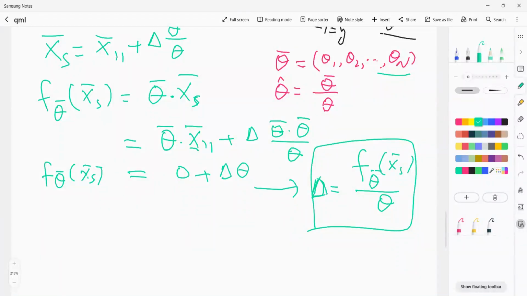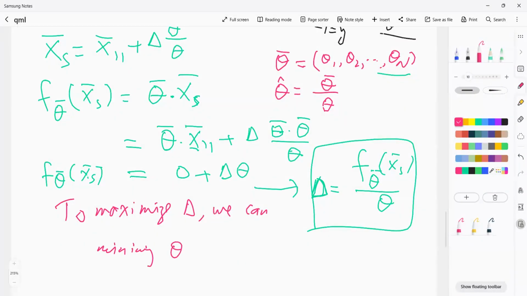So to have this delta maximum, what we need is to maximize delta. We can minimize theta, or even better, if we can do both things together, we can maximize this and minimize this. So essentially we want to minimize this thing, so this thing must be minimized.